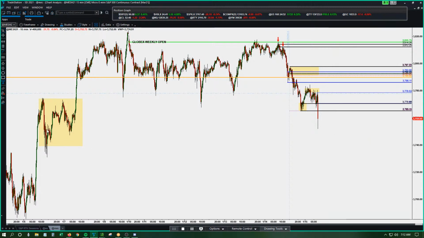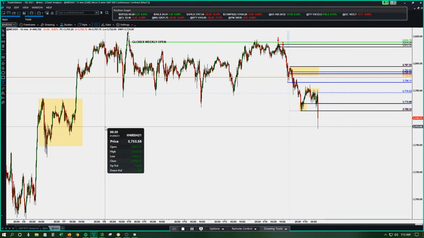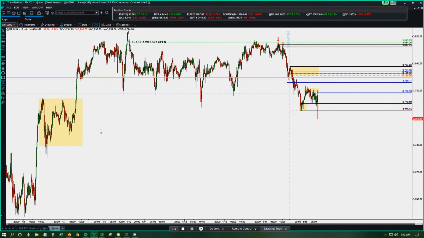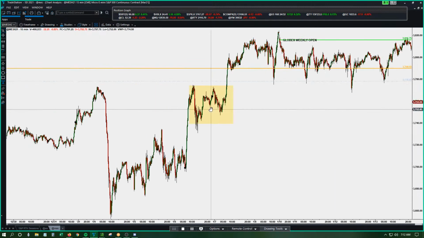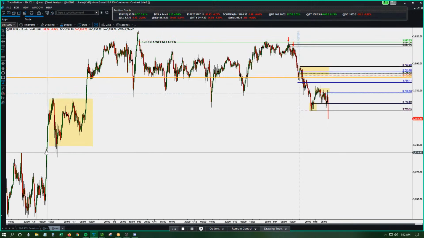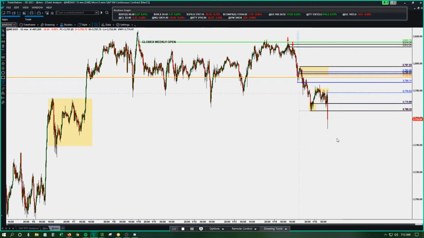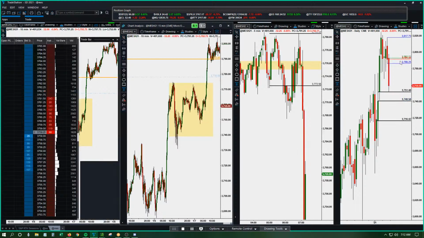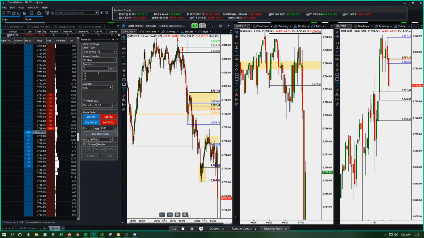Come back into this range, deep into this range. Nothing great looking, especially on this 5 minute. Oh, that was 15 minutes, sorry.